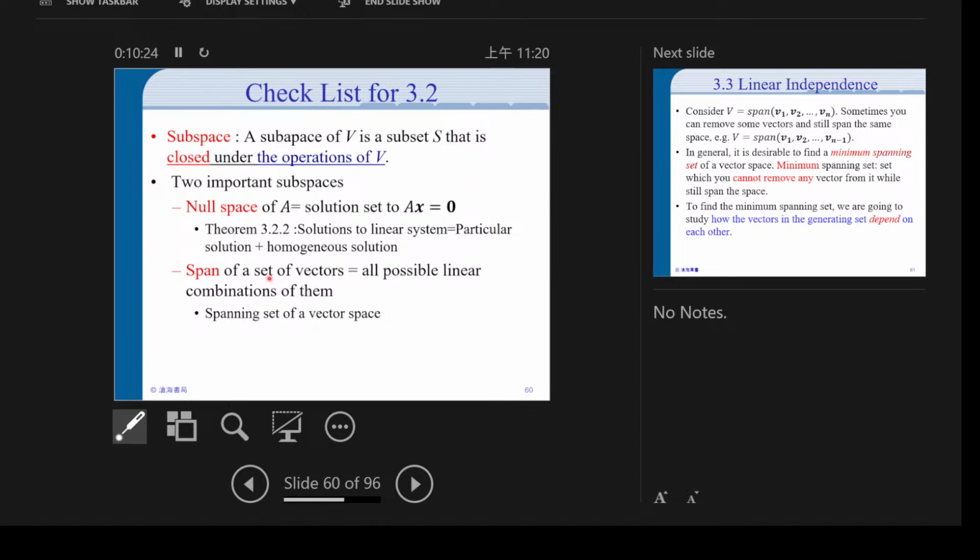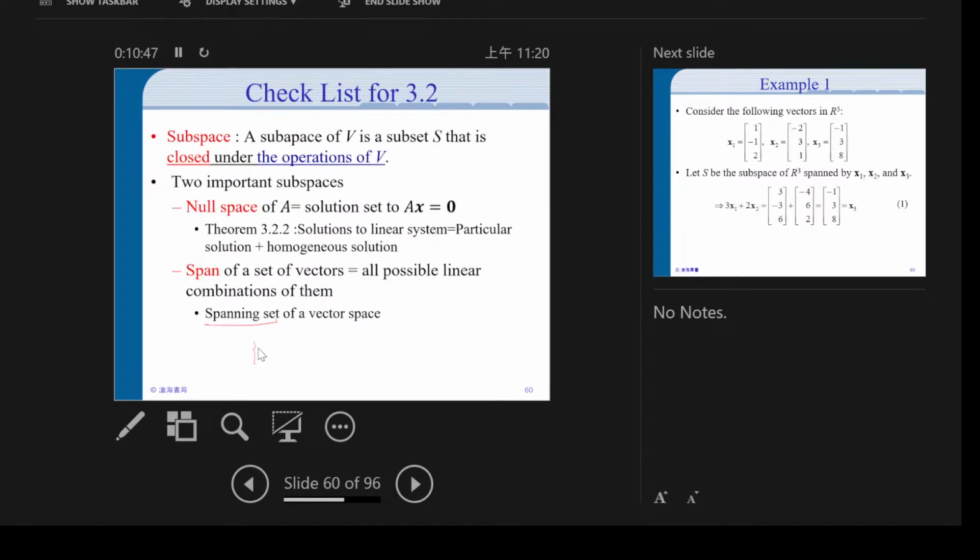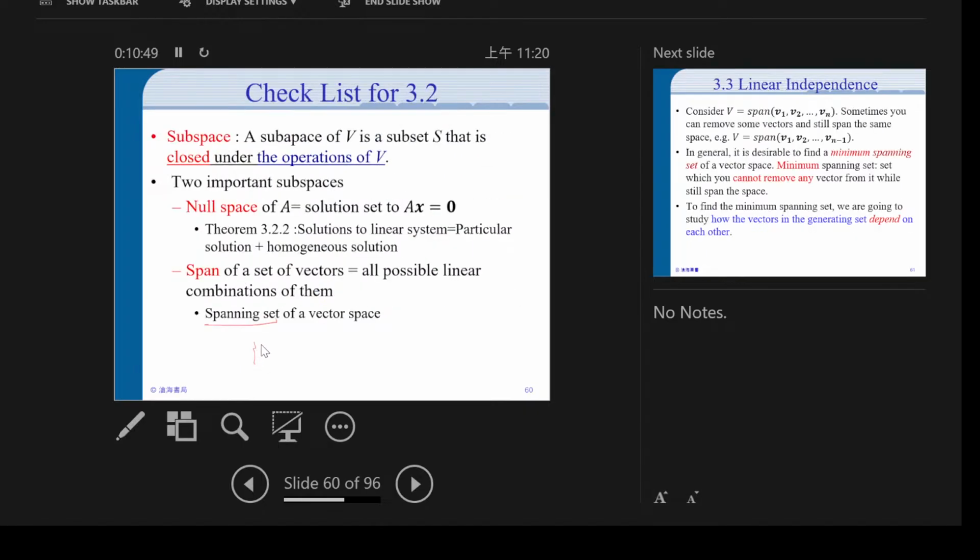And then we talk about the span of vectors, which is the set of all possible linear combinations of the vectors. Okay. And then we also talk about the spanning set of a vector space. And yeah, as I said, let's try to draw a little bit here.